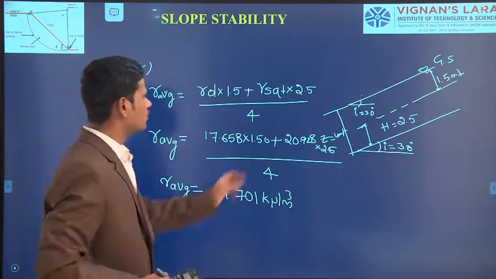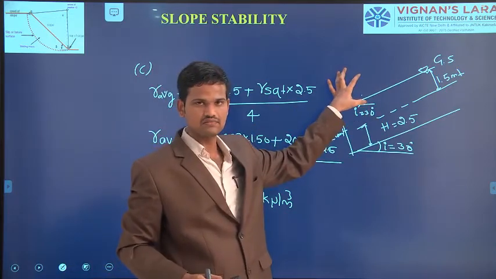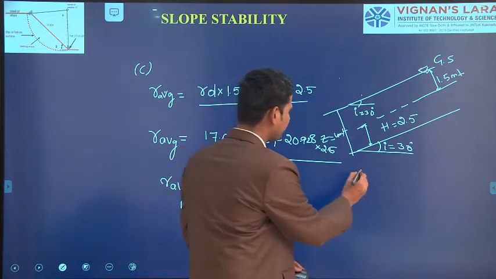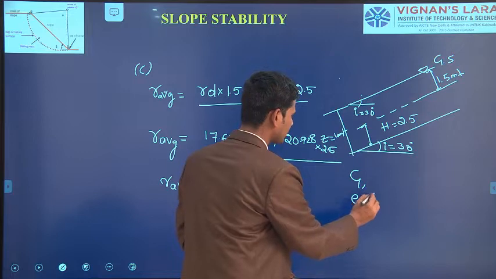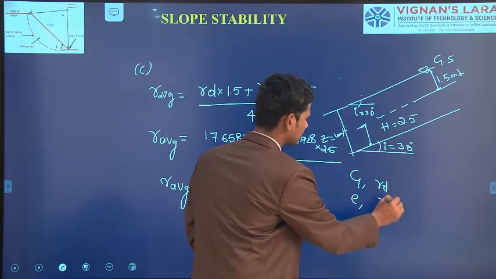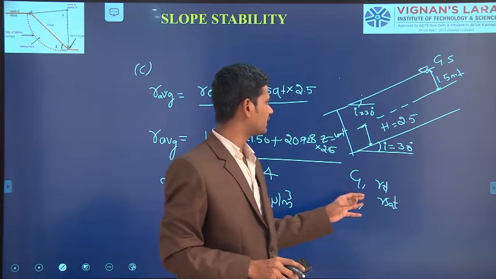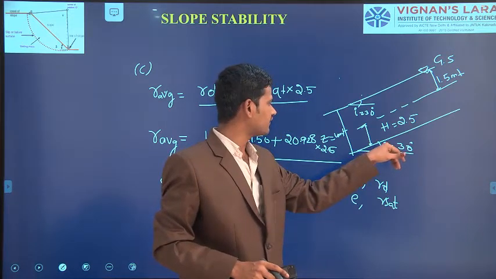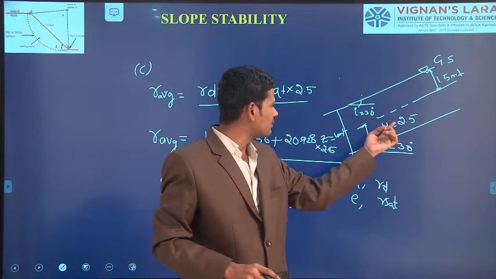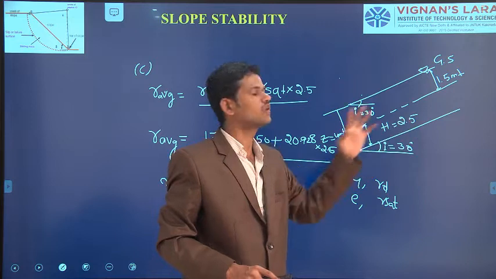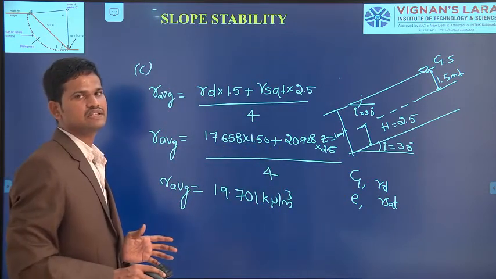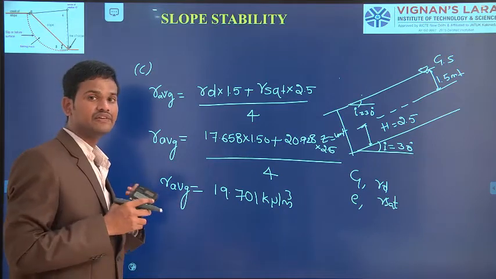That means if you consider this slope and substitute all the parameters, G, E as well as the ratio, gamma D as well as gamma sat, and keep the angle of inclination as I equal to 30 degrees, when the water table is at a depth of H equal to 2.5 meters, in those conditions the slope may fail.